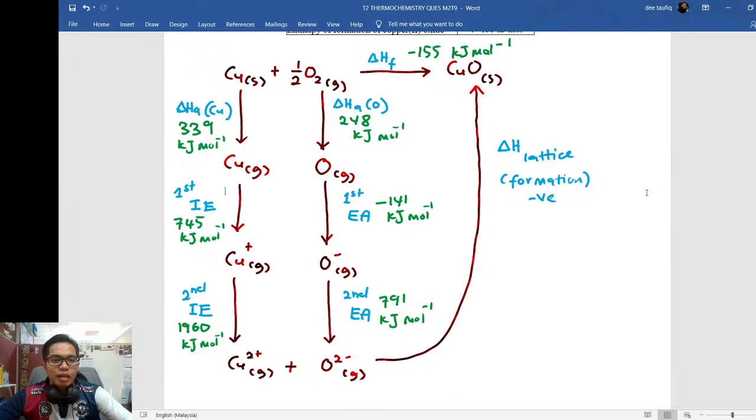Sebabnya katakanlah dekat sini for example awak tak letak nilai ataupun tak letak phase symbol dekat Cu kat situ. Bila you hilang salah satu simbol kat situ tengah-tengah, awak akan hilang dua markah sebab markah yang pertama adalah daripada Cu solid, jadi Cu unknown ni awak dah hilang markah.